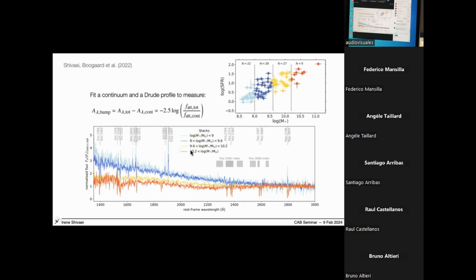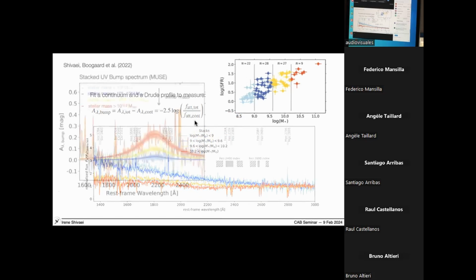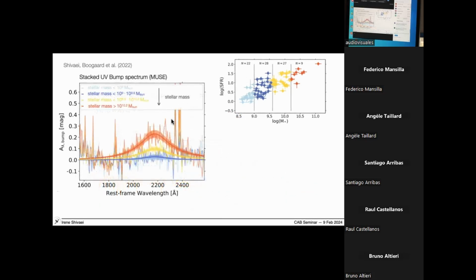So we fit the bump with a Drude profile, which is the common shape assumed for the bump, in these 4 mass bins. And we see that it is actually a very strong function of the stellar mass of the galaxies. Galaxies with higher stellar mass have a very strong bump, and at lower stellar masses, it almost disappears.